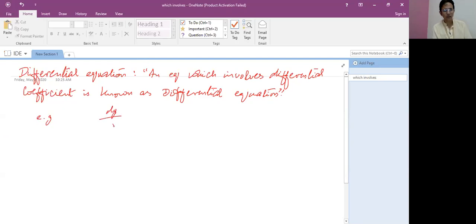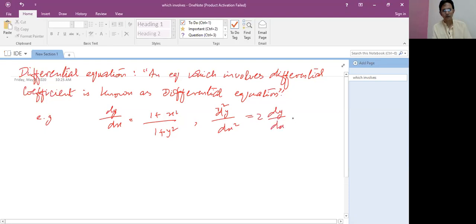dy over dx equals 1 plus x square upon 1 plus y square; d2y over dx square equals 2 into dy over dx minus 8y.